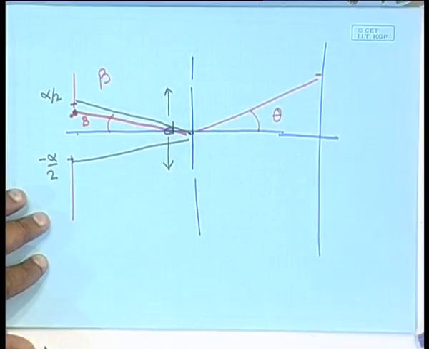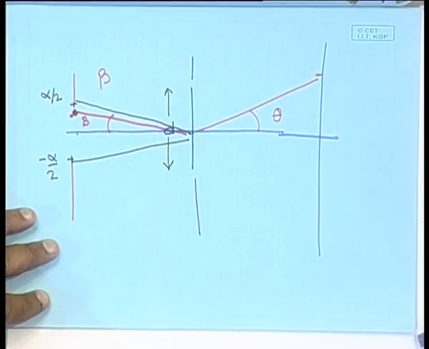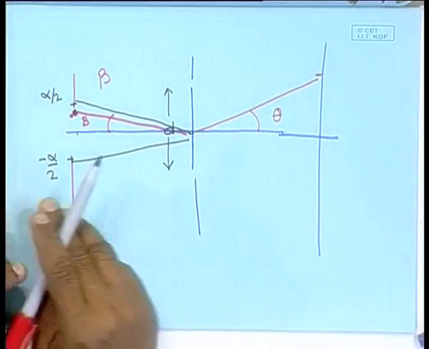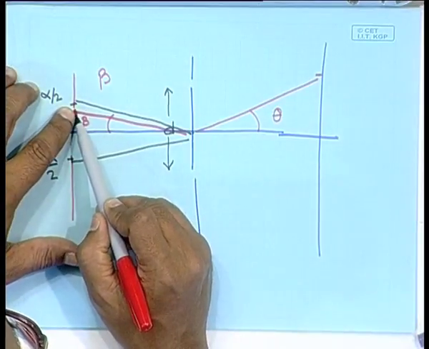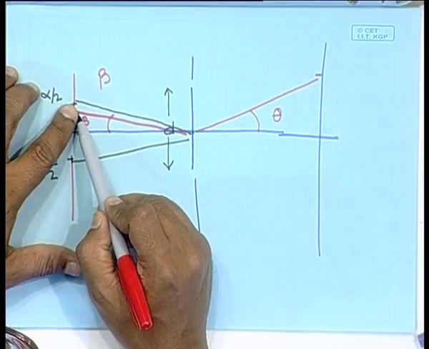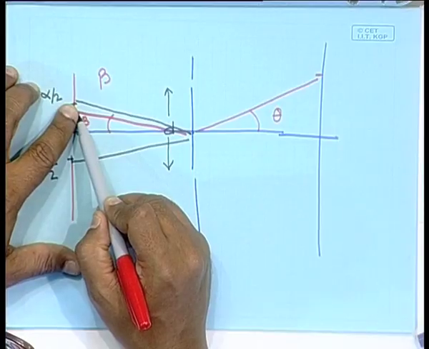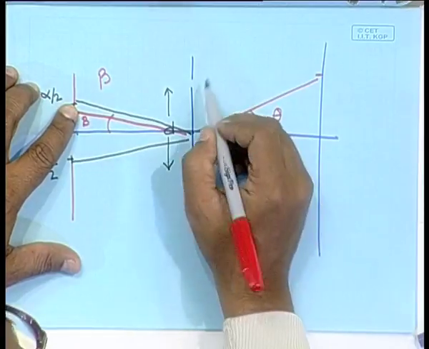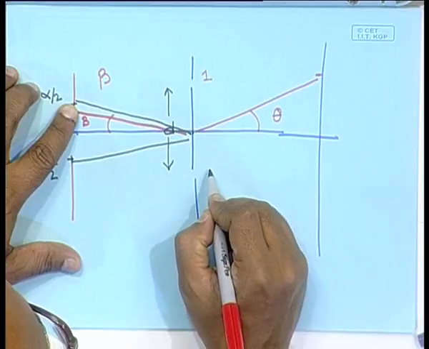To do this, we have to calculate the phase difference of the wave. So, there will be a wave emitted from here. The wave will go to slit 1 and the wave will go to slit 2.